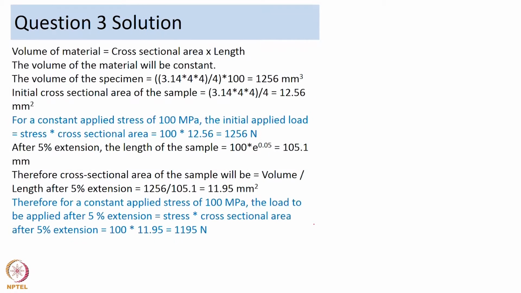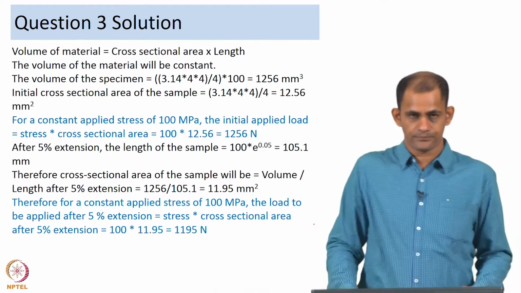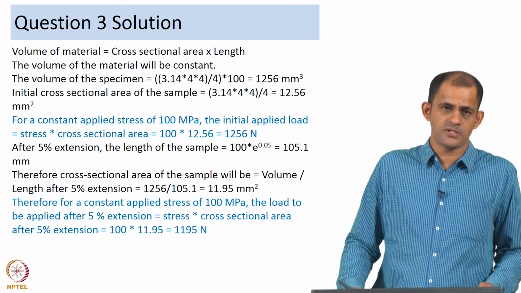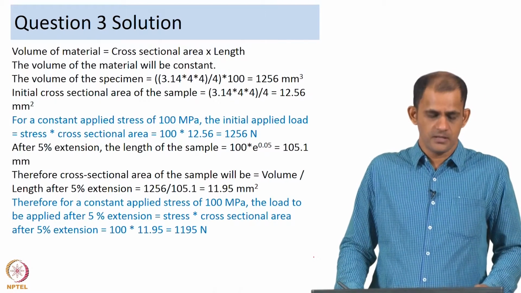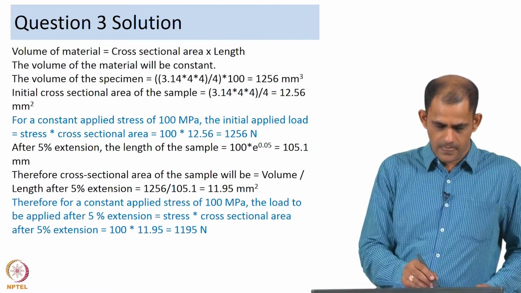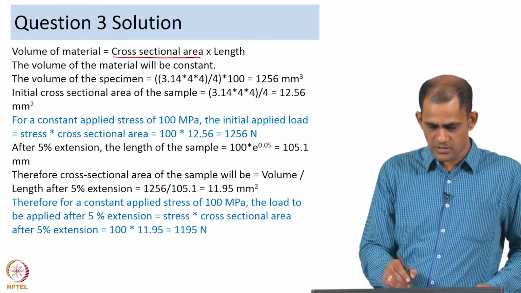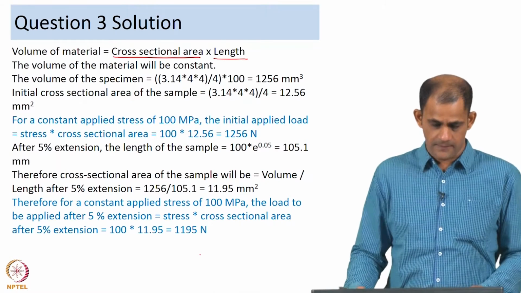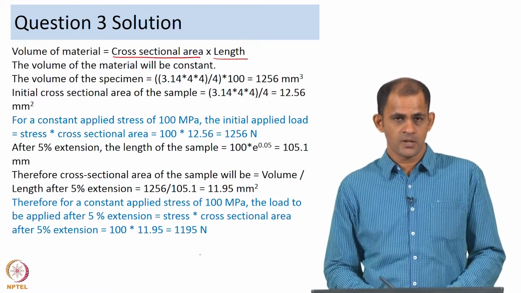So, let us look at the solution. The important thing here is to remember that in plastic deformation the volume of the material is constant, and the volume is the product of the cross sectional area and the length under testing.